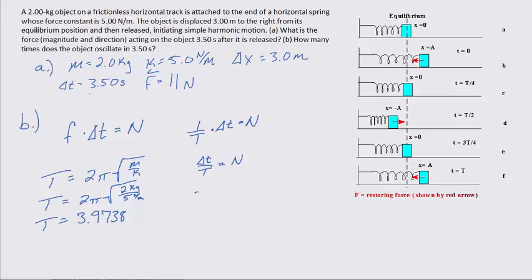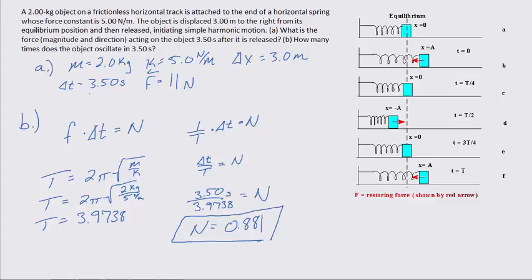So if we plug in our time of 3.5 seconds divided by our period of 3.9738, we'll get that our number of oscillations is equal to 0.881 oscillations.